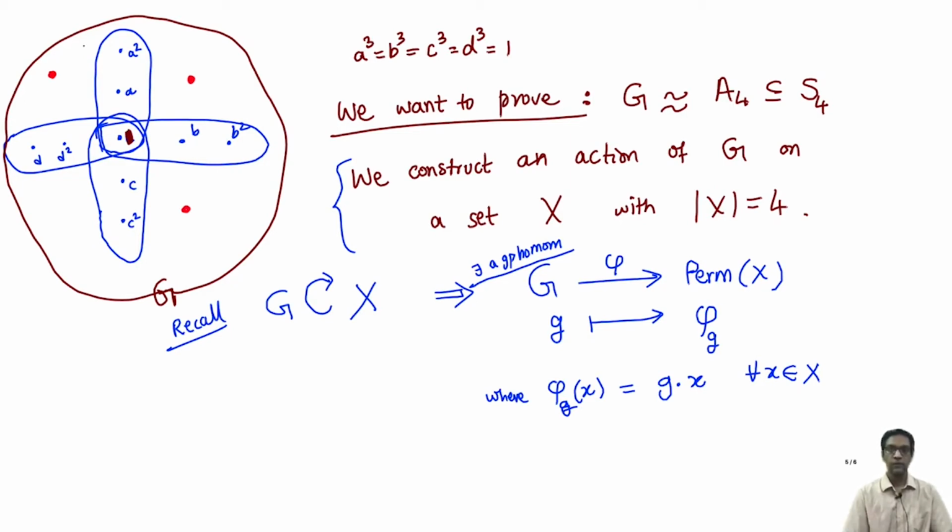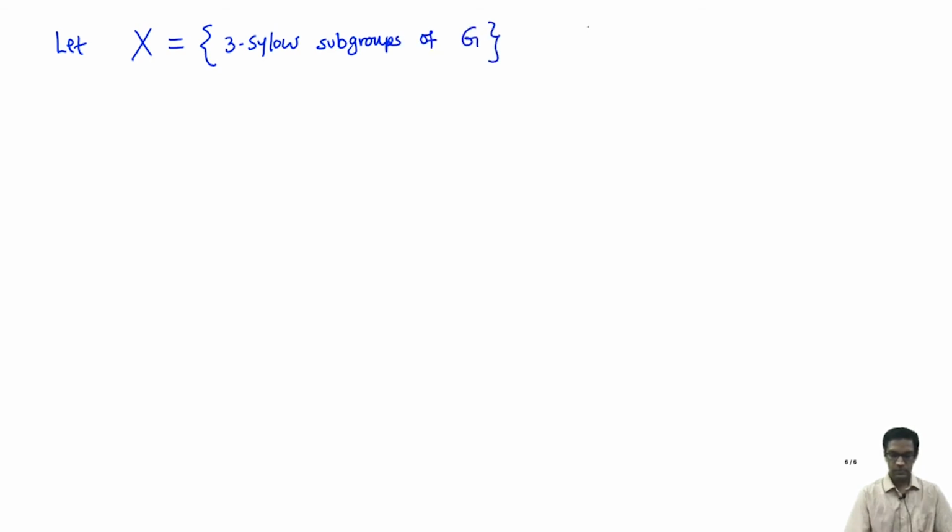Okay, there are 4 3-Sylow subgroups, and this 4-element set, which comprises these 4 subgroups, is what I need to take. Okay. So let's make that precise. So I'm going to define X as follows: X be the set of 3-Sylow subgroups of G. So I know there are exactly 4 of them.